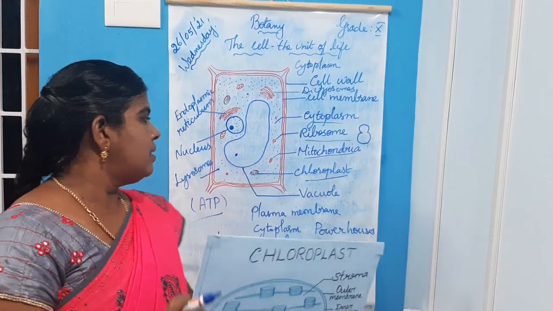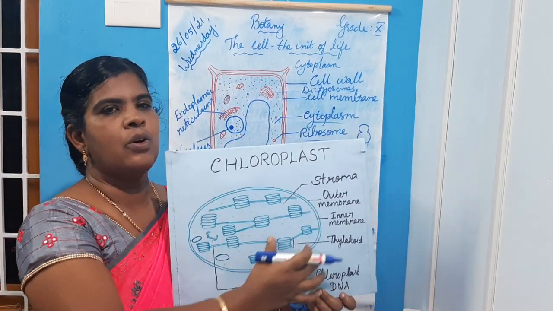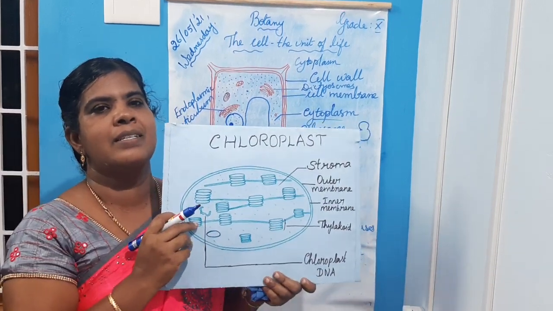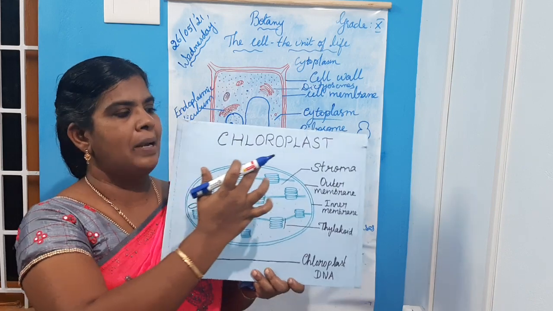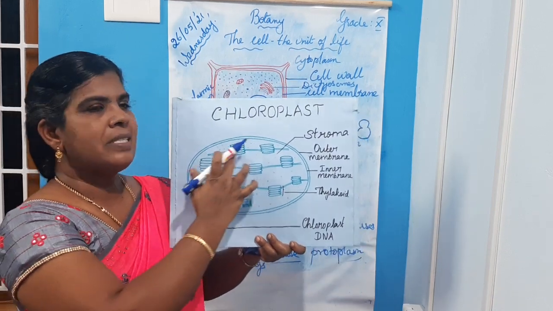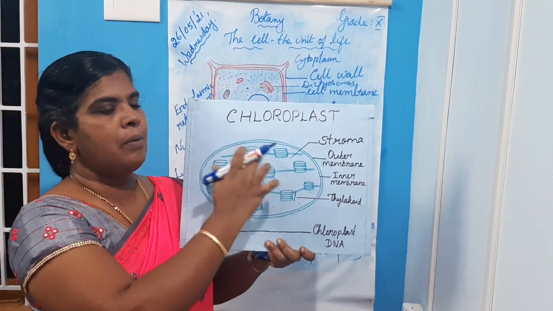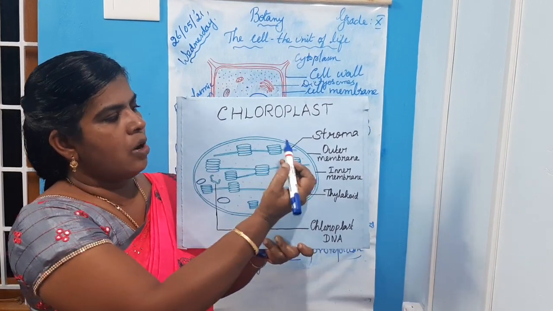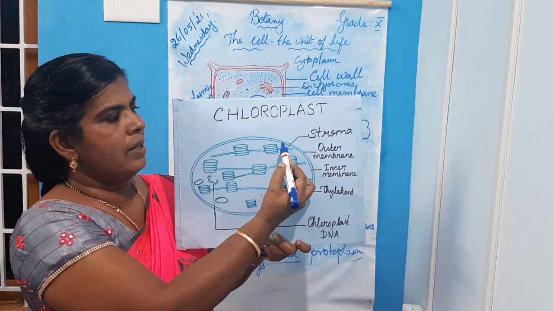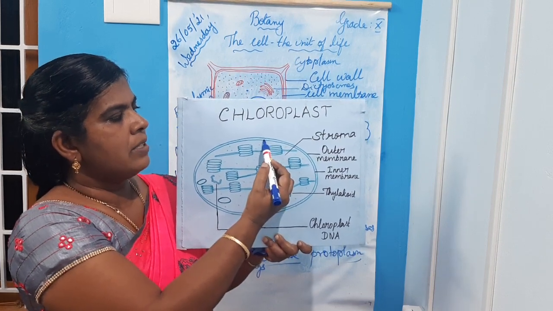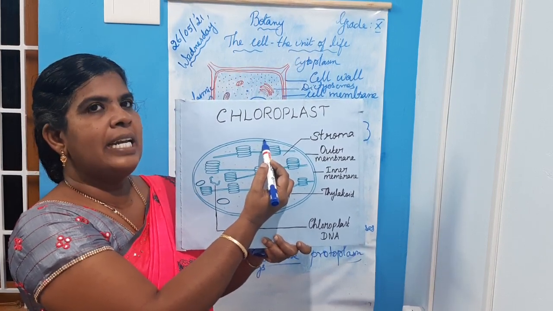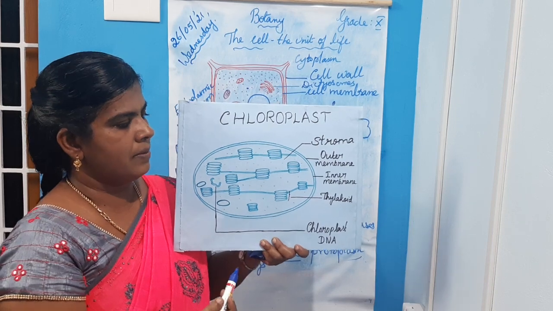Understand? This is one of the cell organelles present in plant cells, the plastid, chloroplast, a cytoplasmic organelle. It is bounded by a double membrane: this is the outer membrane and this is the inner membrane. These two membranes are separated by a space called the intermembrane space.